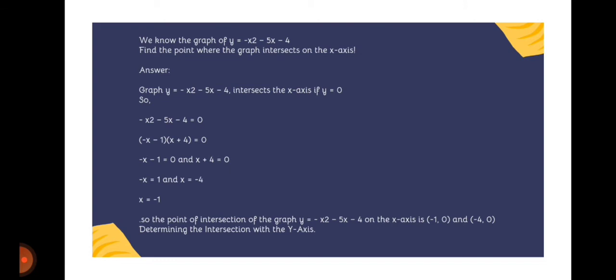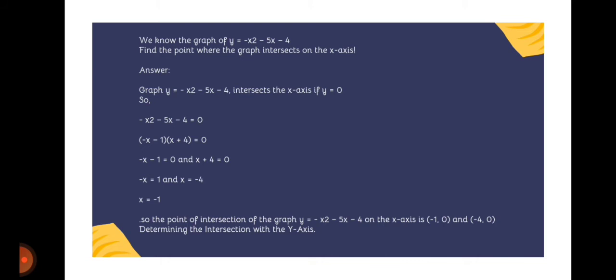Answer: the graph y equals negative x squared minus 5x minus 4 intersects the x-axis if y equals 0. So, negative x squared minus 5x minus 4 equals 0.